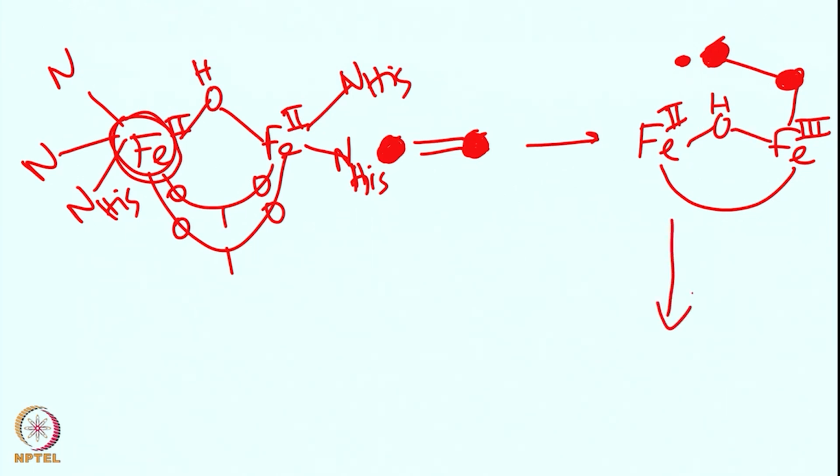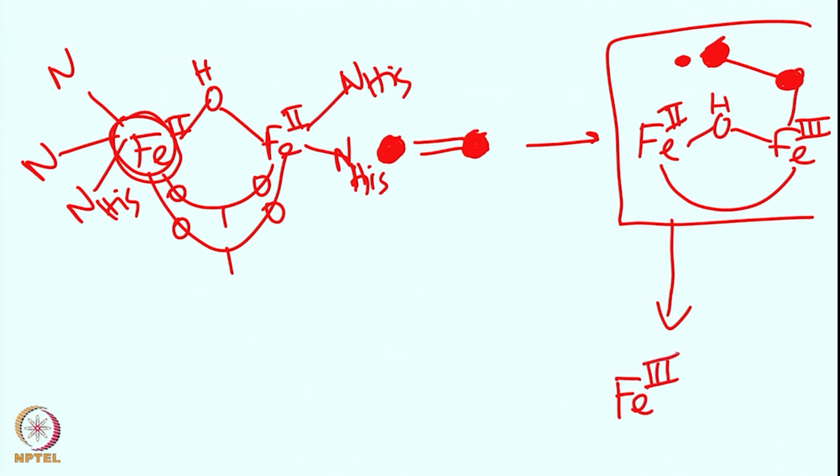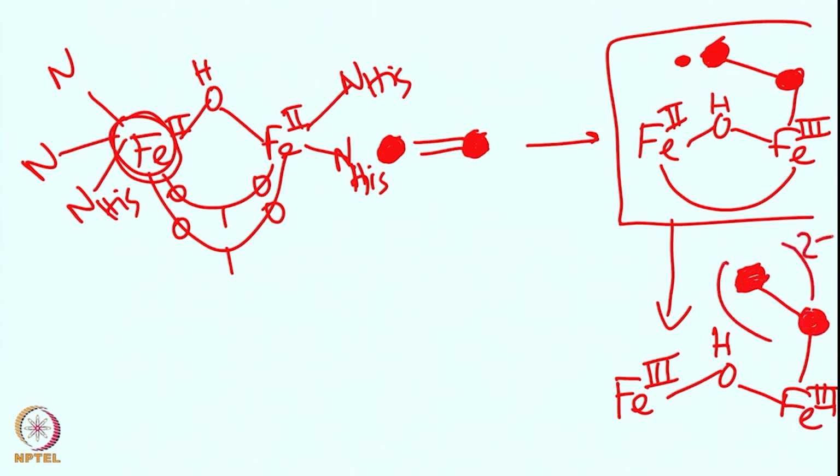Of course, you cannot see such an intermediate. This is an iron 3 superoxo intermediate, which is perhaps extremely difficult to stabilize. So, immediately another electron transfer happens to give you a peroxo intermediate. As you have seen, the whole thing is going to be 2 minus.